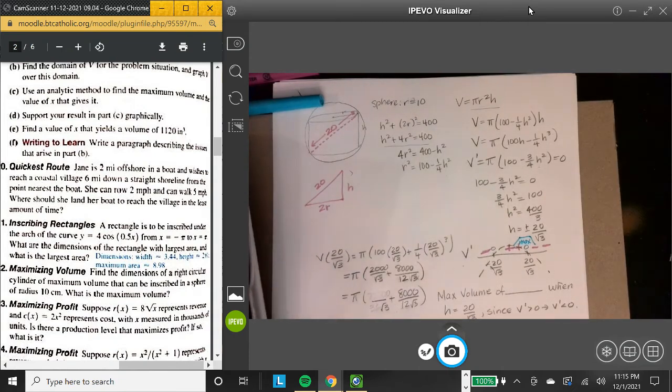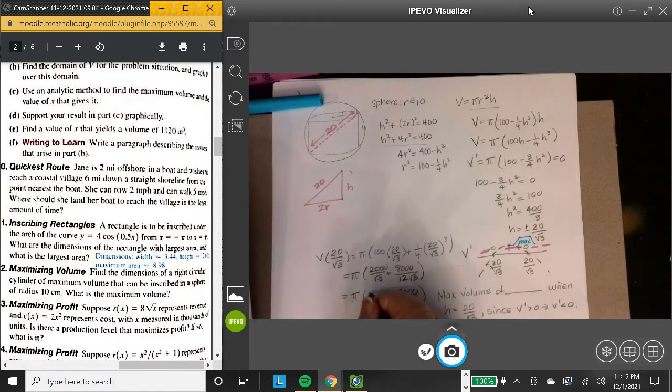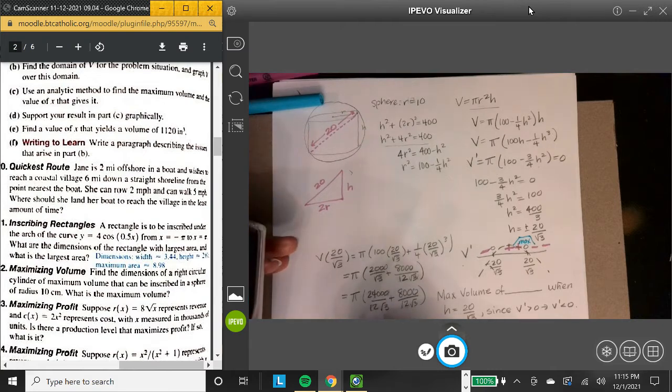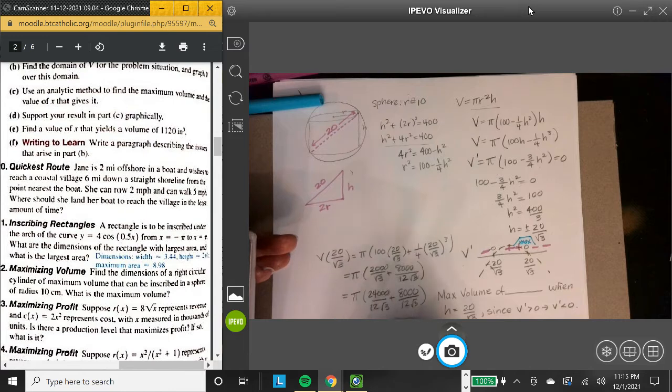Oh my gosh. So 2,000 times 12 is 24,000. This is a 12. So 24,000 plus 8,000 is 32,000 pi over 12 root 3.